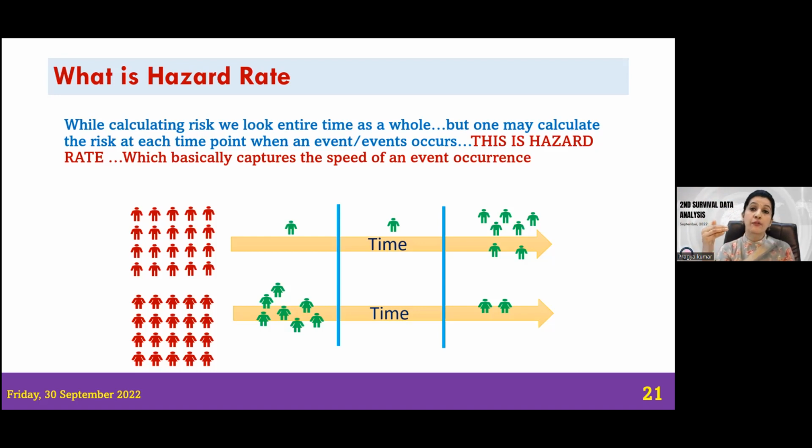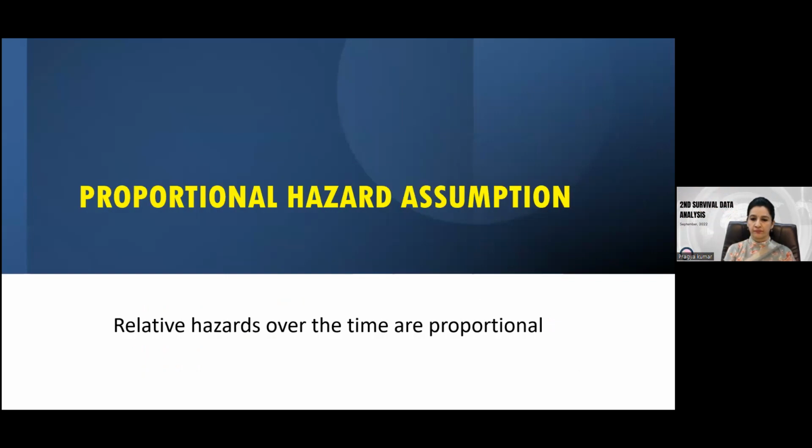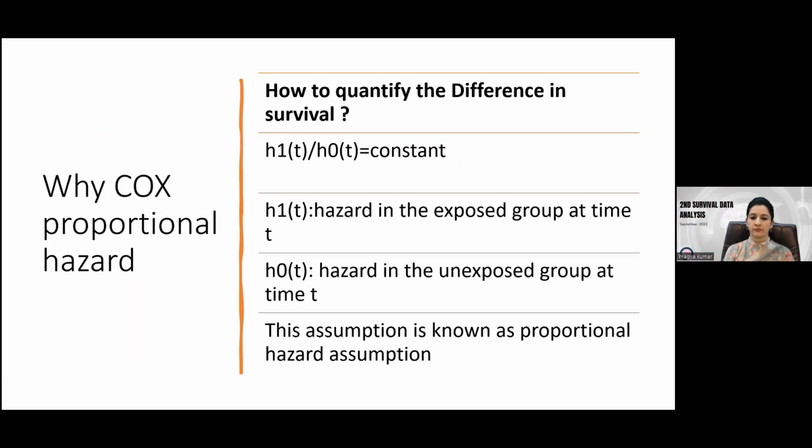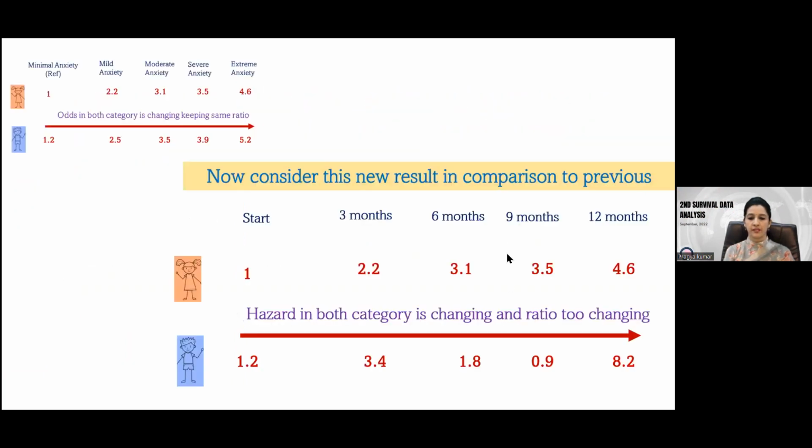There's another concept of time dependent covariate, and that is only applicable if this assumption is not met. I will give you this example which we have seen. In this example, you can see here that the Cox proposed hazard ratio is changing at different points of time.